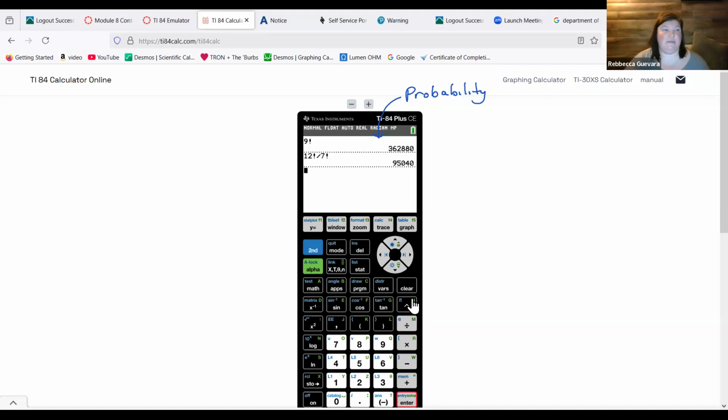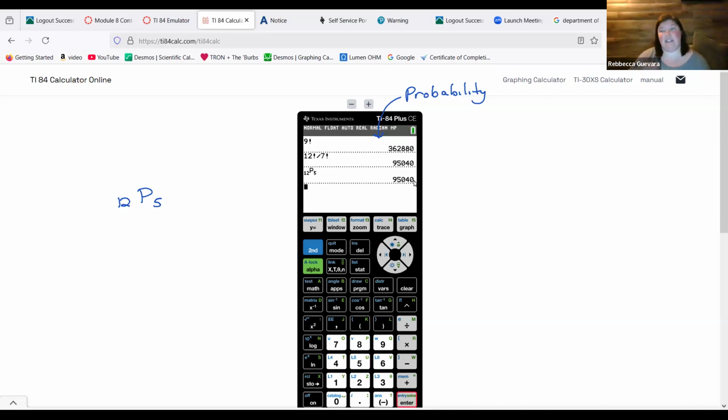So there's another way to do this. That problem was a permutation of 12, and we were choosing 5. You could also go to math, go to probability, and then go to number 2 and hit enter. Depending on how your calculator is set up, you might do this a little differently, but usually you need to put the 12 before it, and then after it you put the 5.